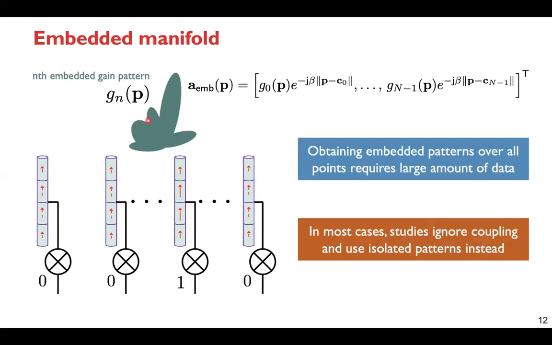The issue with the embedded manifold is that to measure, right, the radiated field, we would actually need the embedded patterns for all of the antennas at all points in space, right? So this would be a large amount of data needed to characterize the array. And in general, the embedded patterns are only obtained in the far field, and they can be difficult to obtain.